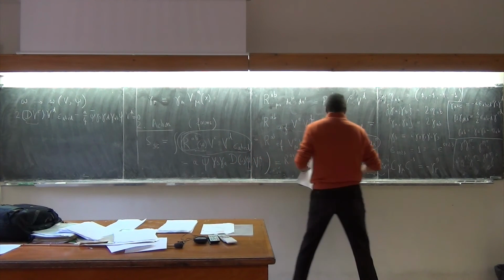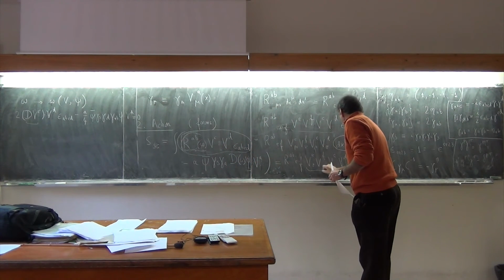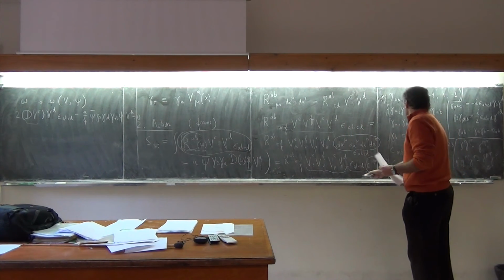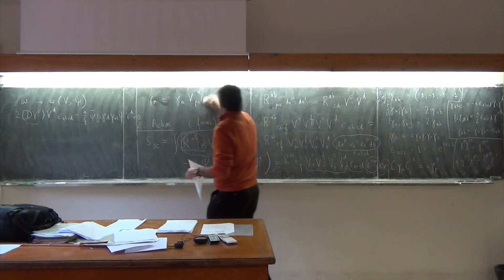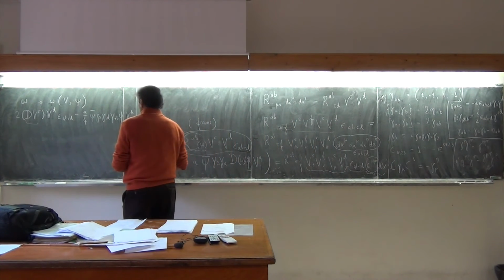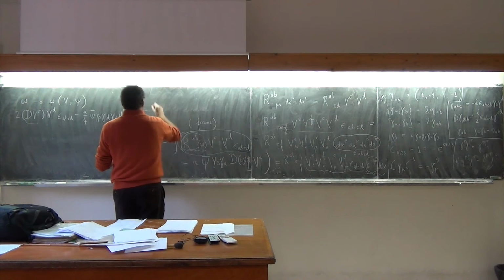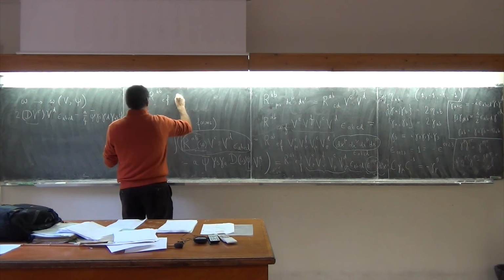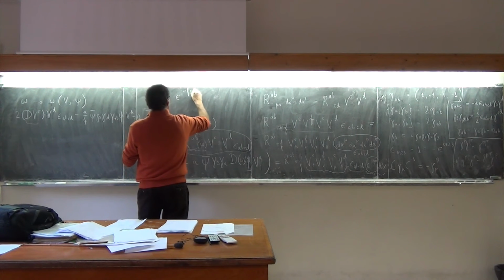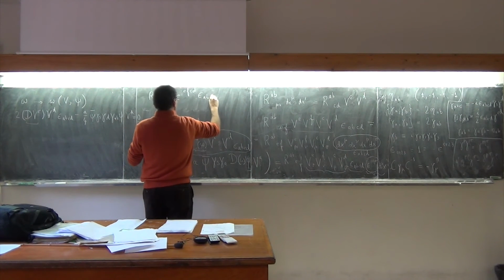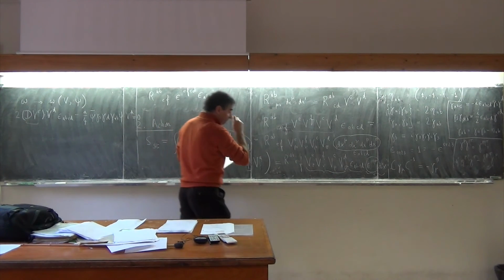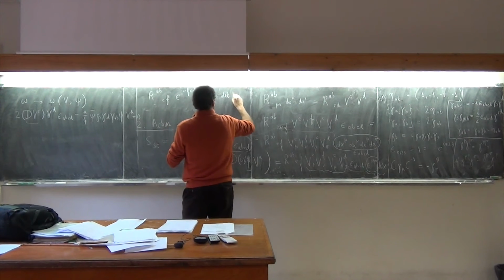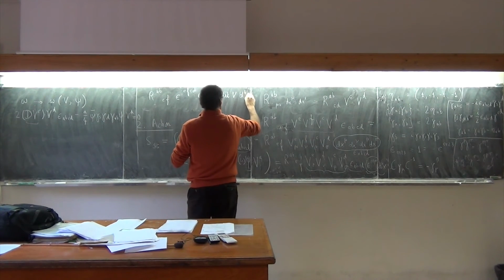And so this thing times this thing converts everything into the following equation: R^AB_EF, and you have epsilon^EFCD, epsilon_ABCD, and then you have a determinant of V, d4x.